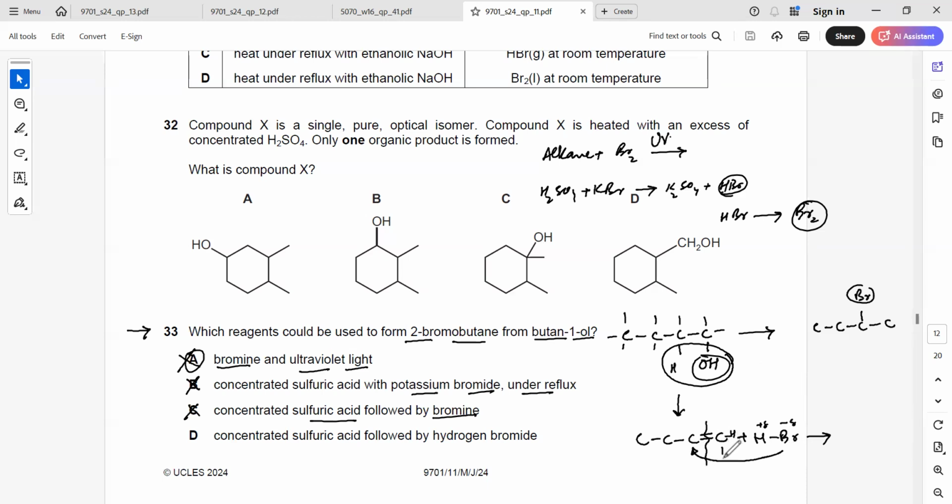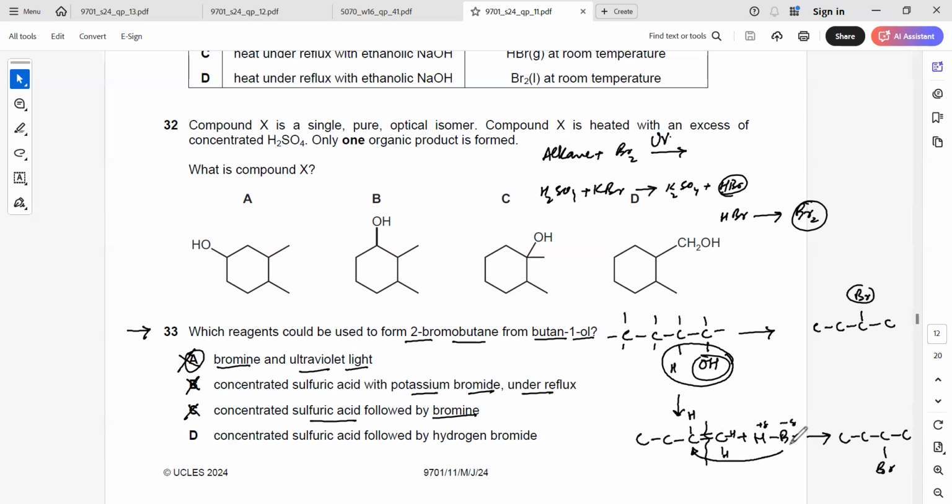This one has two hydrogen atoms, this one having one hydrogen atom. So Br goes to the second carbon and our product will be 2-bromobutane.